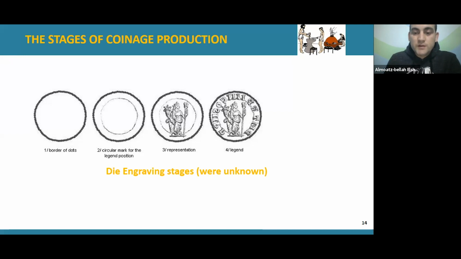The high point for signed dies came in Sicily in the late 5th century BC. At this time, many Sicilian artists signed their dies almost as if there was a competition among the engravers to see who could produce the most beautiful coin.